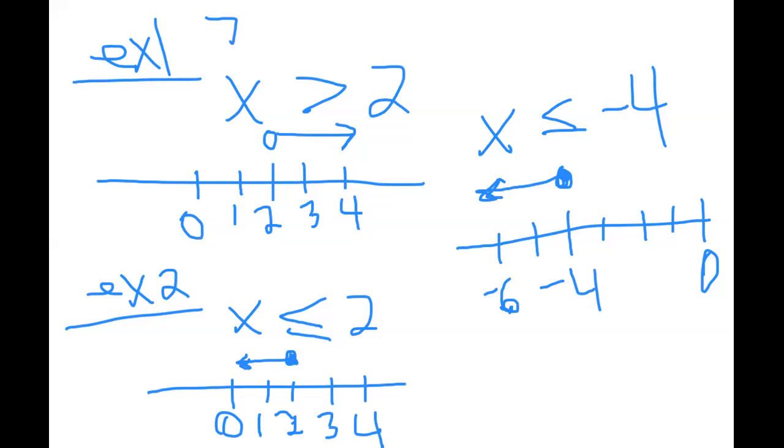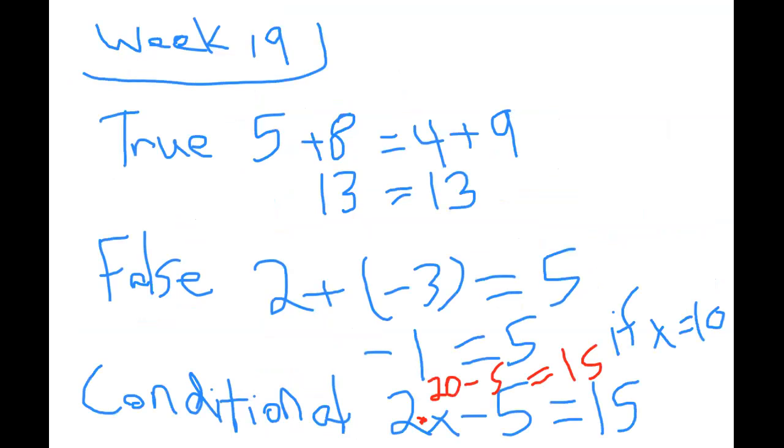This is lesson 72. So that's all I want to cover for lesson 72. A little bit of review on all of our lessons. We did the week 19 supplement. We had our true, false, and conditional equations, and we had some examples of those. And then for 69, we're adding signed numbers.